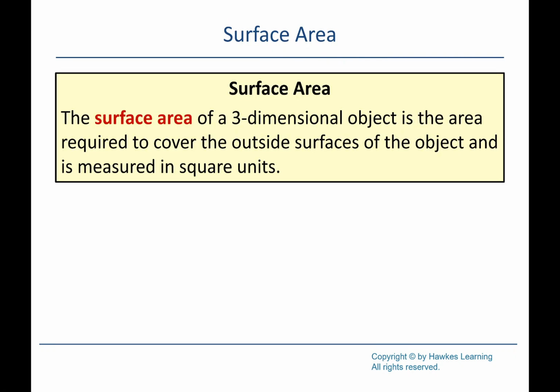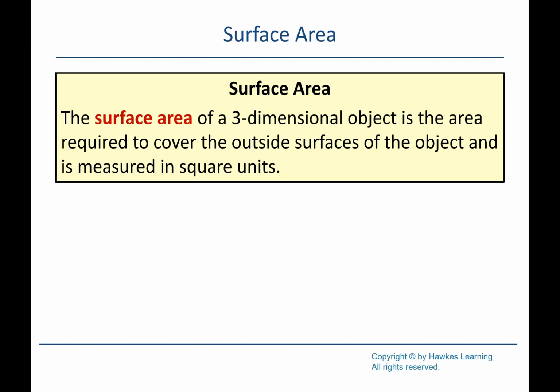So surface area is a little bit weird because we normally only talk about surface area when we have three-dimensional objects, but surface area is a two-dimensional measurement. It is area. But what's going on here if we think about our three-dimensional box? We're thinking about how much stuff it would take to cover up all the sides of our box. You can think about how much wrapping paper it would take to cover a box.